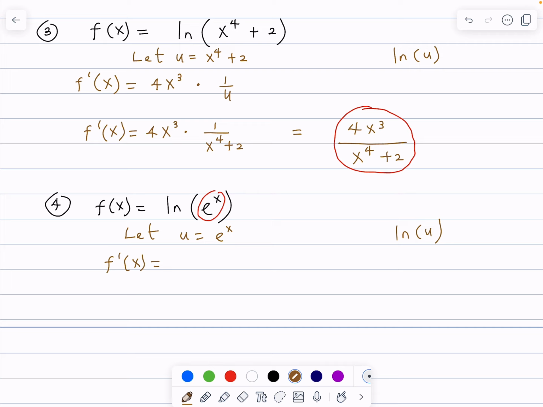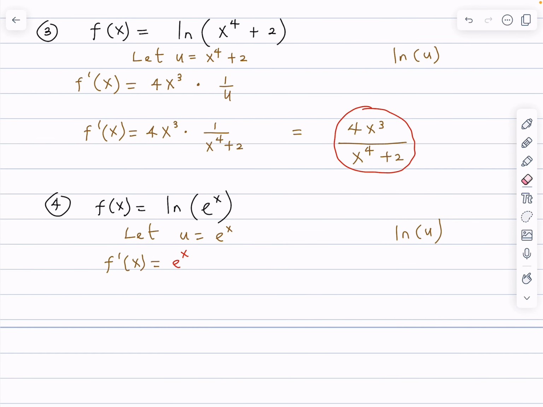What's the derivative of e to the x? The derivative of e to the x is just e to the x. And the derivative of ln u is just 1 over u. So I have times 1 over u.